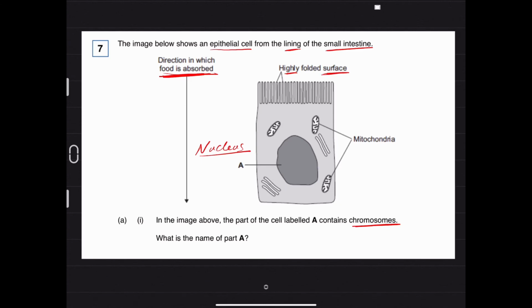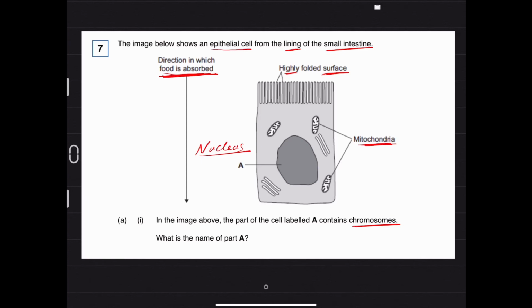Now, surface should ring a bell, and I'm not going to tell you straight away, but it should ring a bell in terms of a specific type of adaptation that should be coming to mind. Next, we have the mitochondria, and this builds on our cellular structure content. So the examiner is asking us to focus our attention at the mitochondria also.